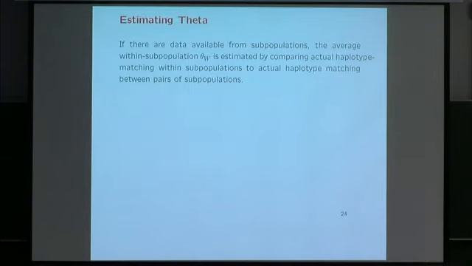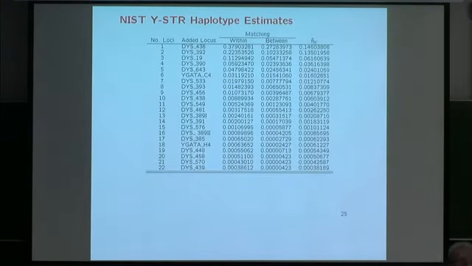We've looked at estimating this quantity theta from data, and the simplest estimate is gotten by comparing the matching proportion for haplotypes within populations versus that between. And so here are the individual Y haplotype loci put in an order. So this is just using that locus.